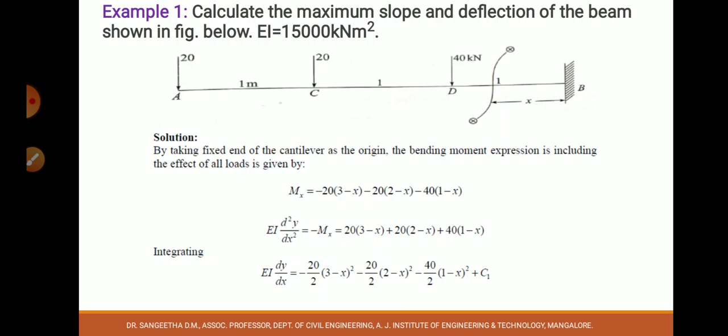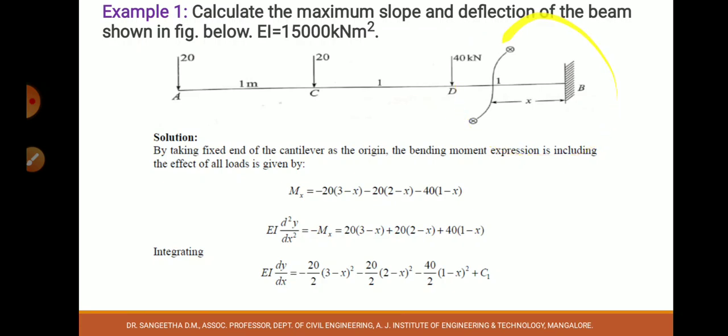If I take moment about the section, 20 is anti-clockwise, so minus 20; total distance is 3, but up to the section the distance is 3 minus x. Again the second load is 20 and it is making anti-clockwise, so negative: minus 20 into total distance 2, that is 2 minus x.